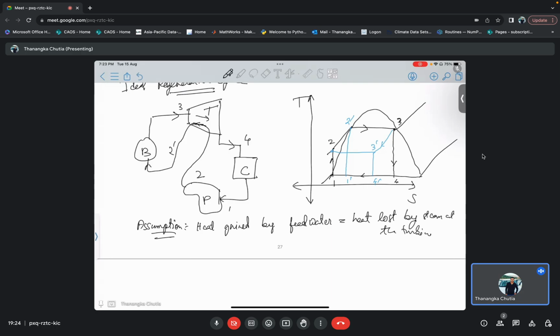Okay, so this will lead to, therefore, my T2 is basically equal to my T3 prime. And T2 prime is equal to my T3.